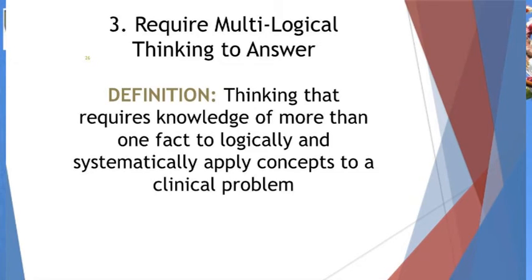Now, the third thing for test writing at critical level is multi-logical thinking. The definition, again, is that more than one fact is needed to logically and systematically apply these concepts. So when you're writing questions, ask yourself when you review it, does the student need more than one item to know to be able to answer that question?